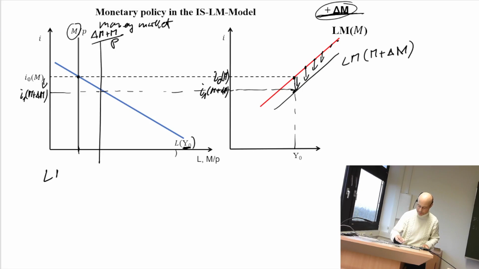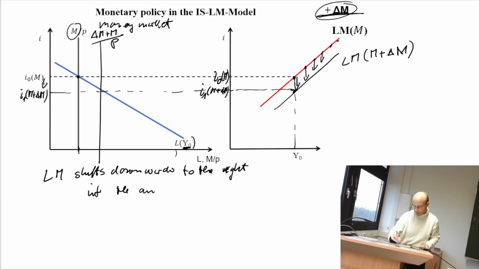So LM shifts downwards to the right if the amount of money is increased.